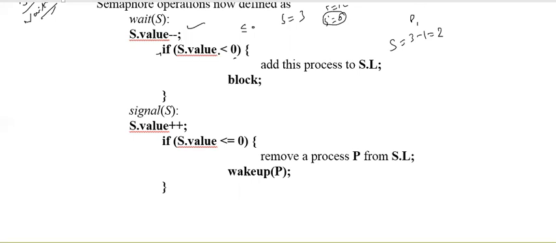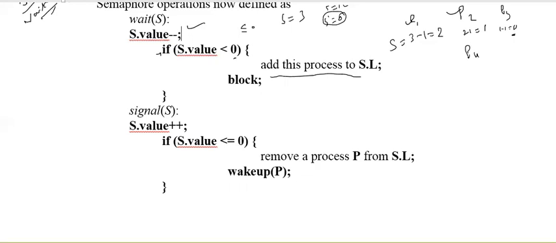So if s is less than 0, it means I do not have any resource left, so add this process into the list. Earlier for P1, yes, I had. For P2, that becomes 2 minus 1, 1. I have given that process. For P3, 1 minus 1, 0. That was the case which we had discussed. Definitely P3 also got a chance.